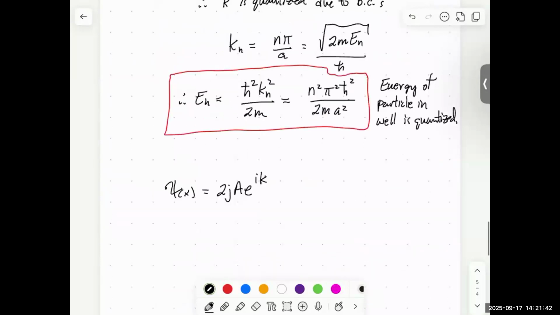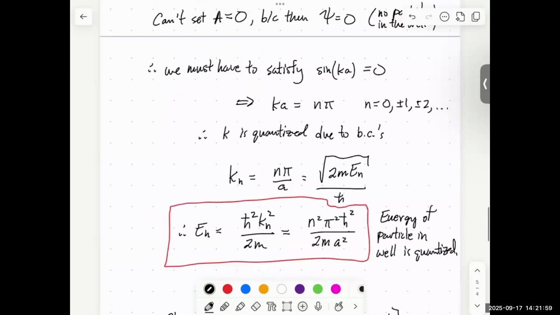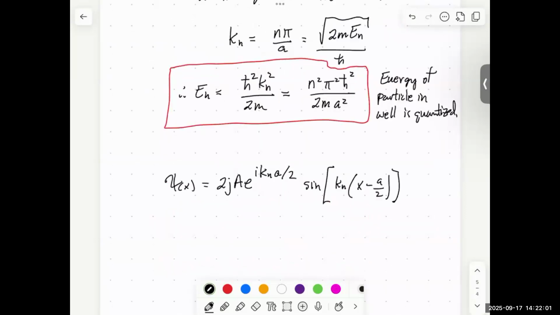Yeah. I'll put an n over here, a by 2. And then we had sine of kn times x minus a by 2. I think that looks right. All right. We still don't know A.